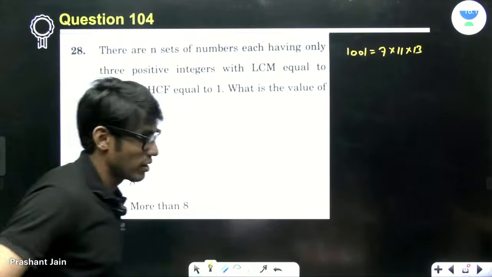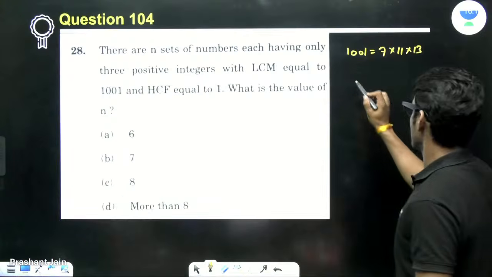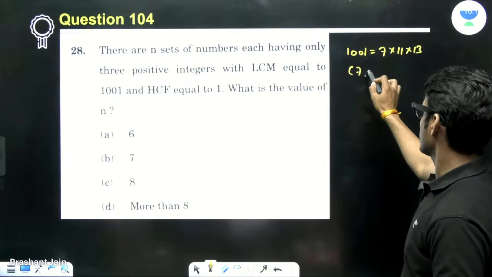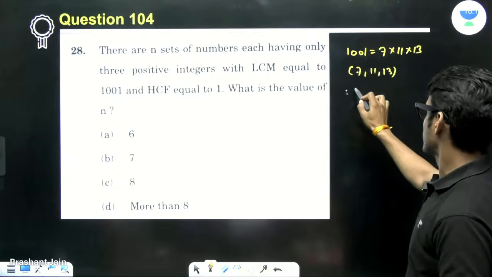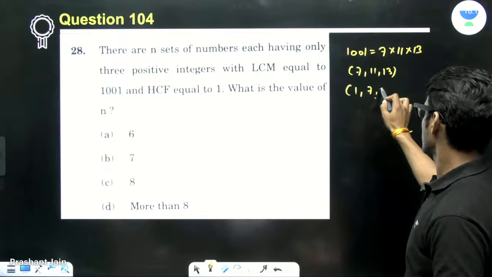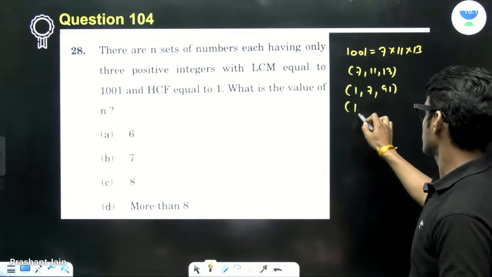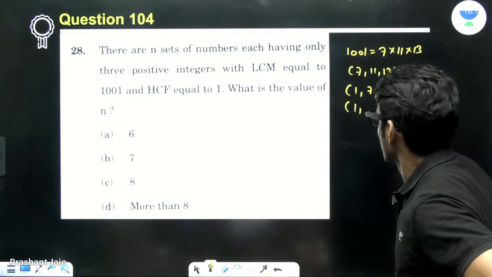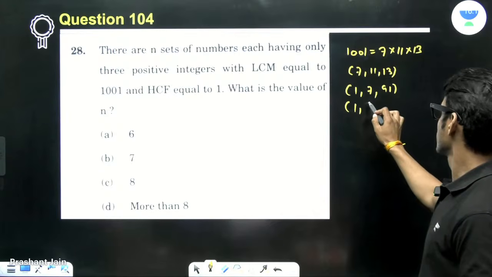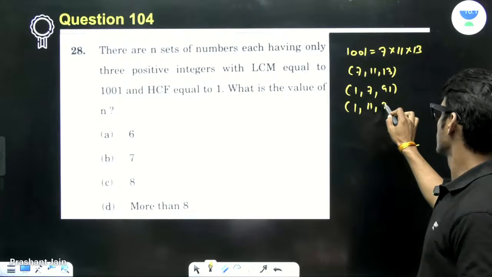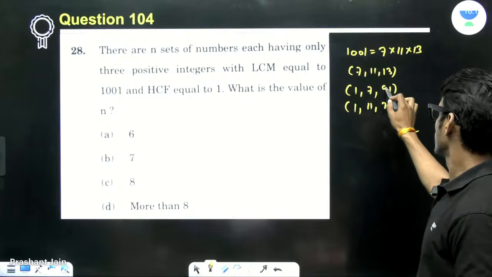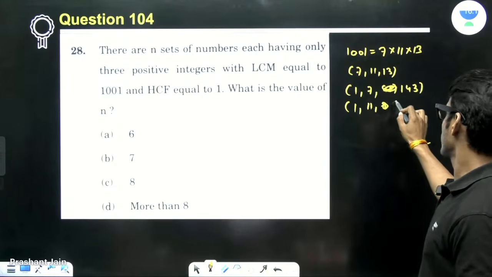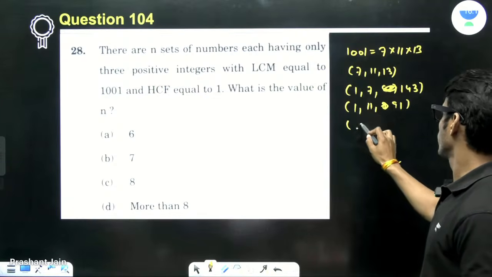And their HCF is 1. So their LCM is 1001. So one set is this, one set is this, one set is this. Not 13, 13 times 11 is 143. 11 I have taken, so 91.